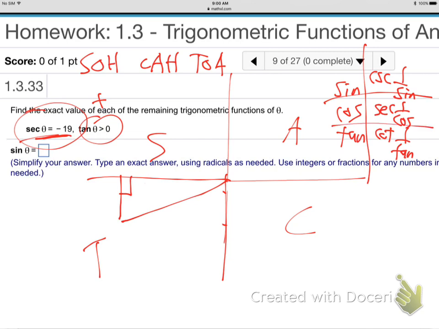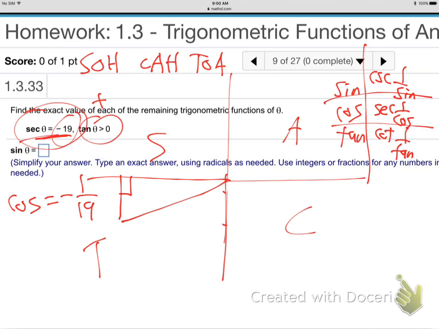So you know cosecant is upside down of sine, secant is upside down of cosine, cotan is upside down of tan, right? So when I look at secant, I think, oh, that's upside down of cosine. So if the secant is minus 19, then the cosine is 1 over 19, and still negative. You're with me, right?